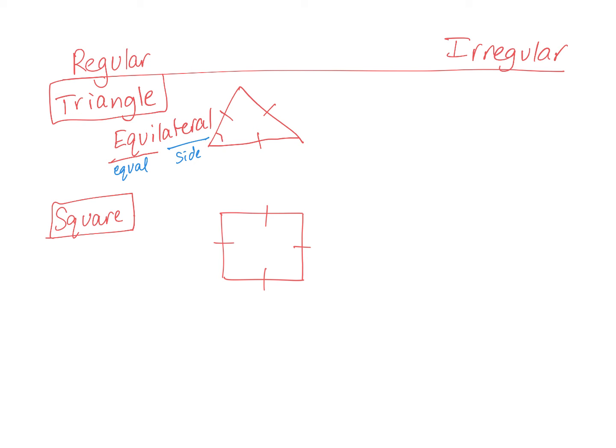So over here, the sum of angles is 180, but each angle is 60. Here, the sum of the angles is 360. Each angle is 90. And then you've got pentagon.